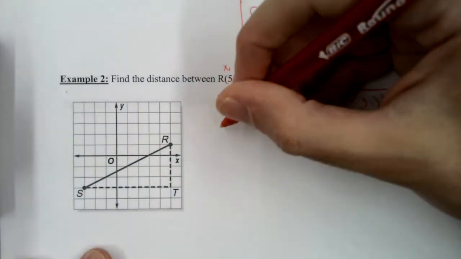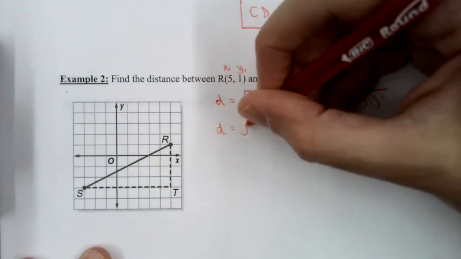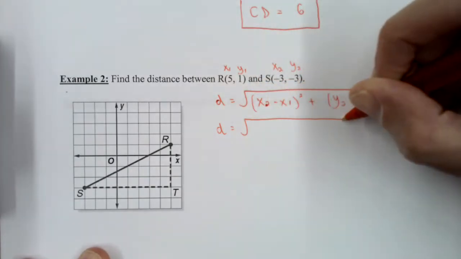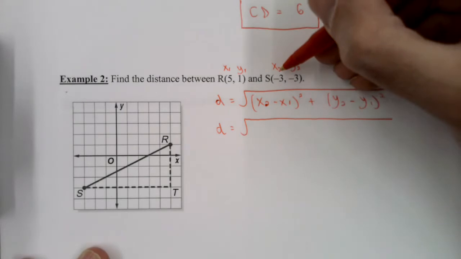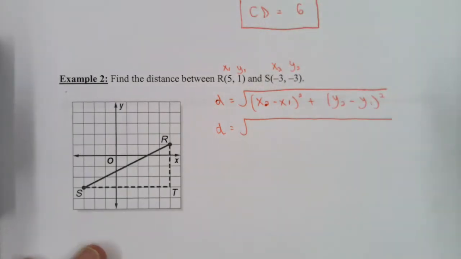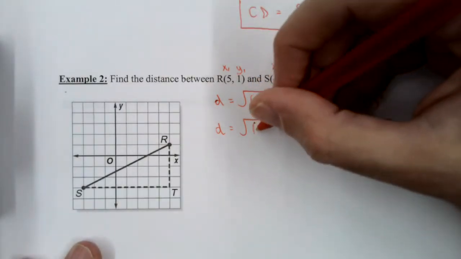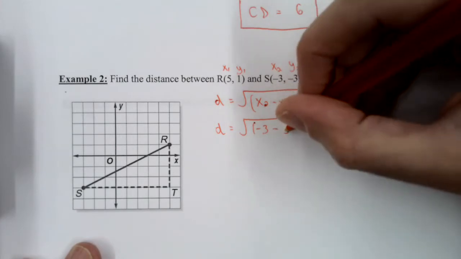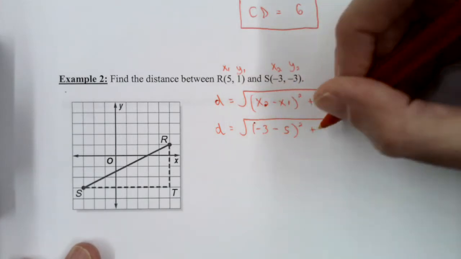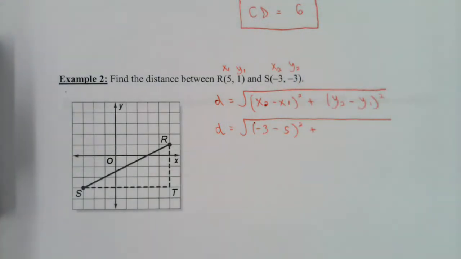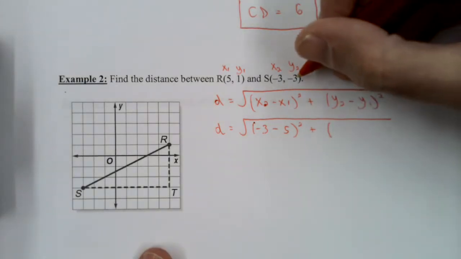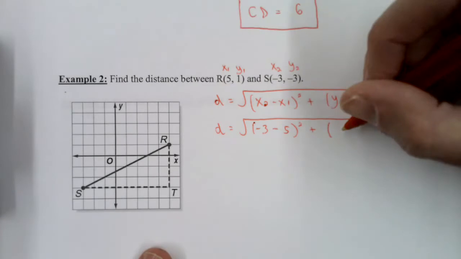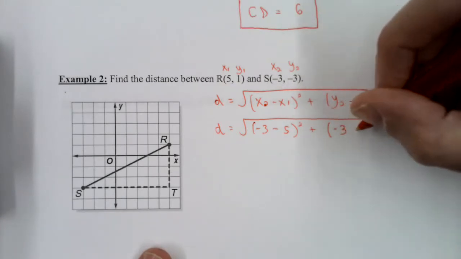So now let's substitute into the formula. x2 minus x1 means negative 3 minus 5. Just substituting. All I'm doing is substituting into the formula. Plus y2 minus y1, so negative 3 minus 1.